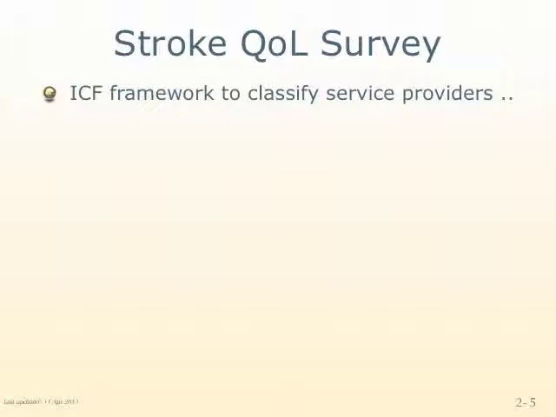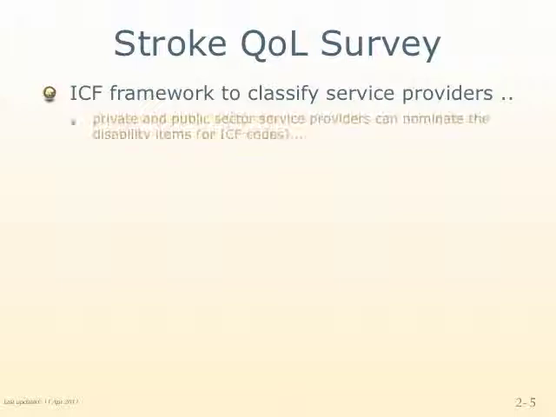So the Stroke Rehab app can establish and maintain a comprehensive database where private and public sector service providers can nominate the disability items or ICF codes they are qualified to provide or that they have special expertise in providing.